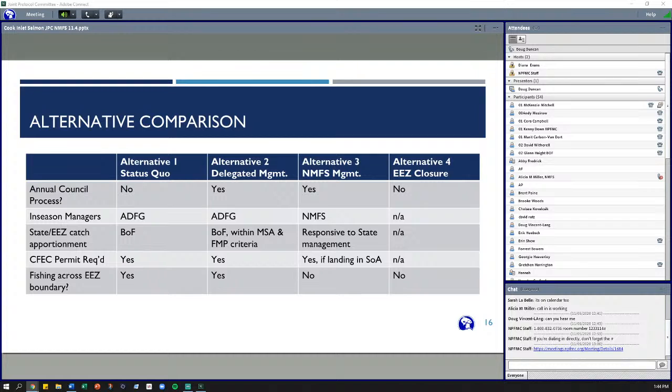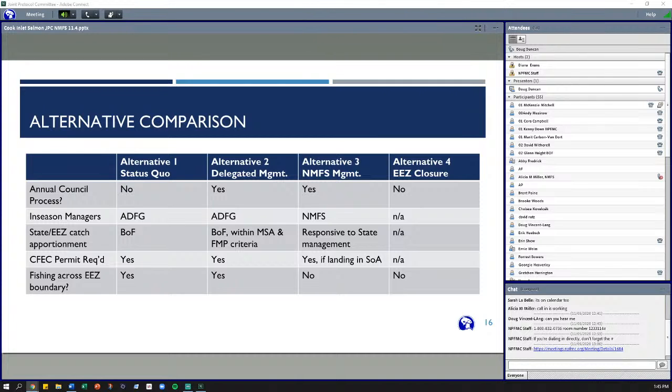It would continue to be handled by the Board of Fisheries under alternative 2, but subject to any specific criteria in the MSA or FMP. And then under alternative 3, NMFS would manage the EEZ based on agreements with the state and what was left over after projected state removals.